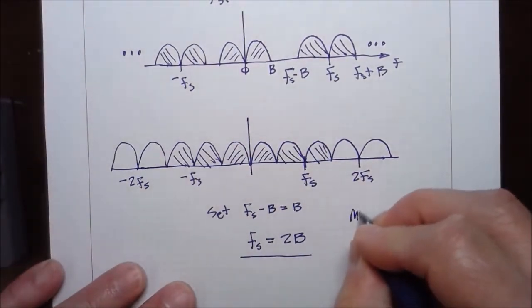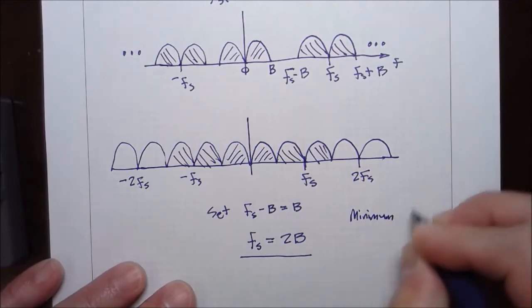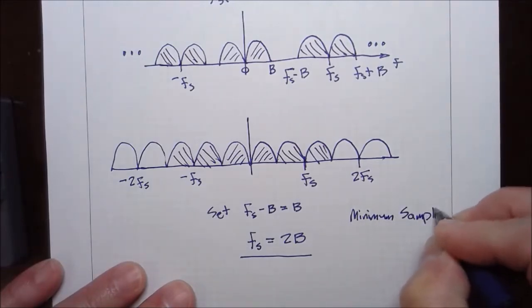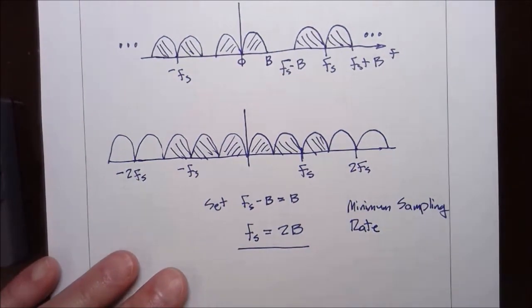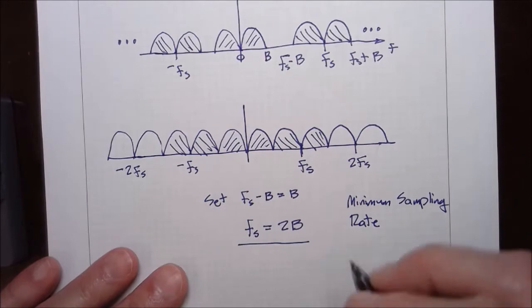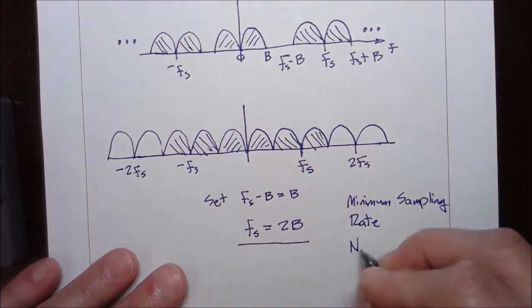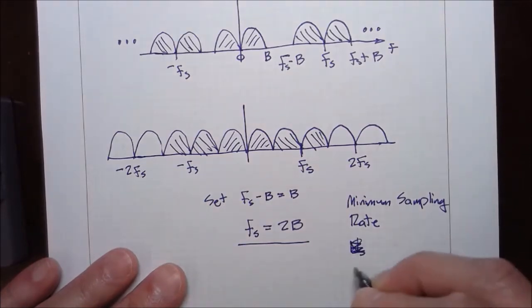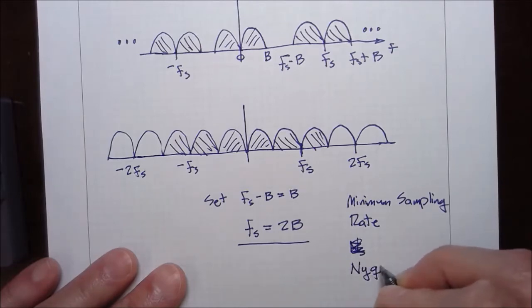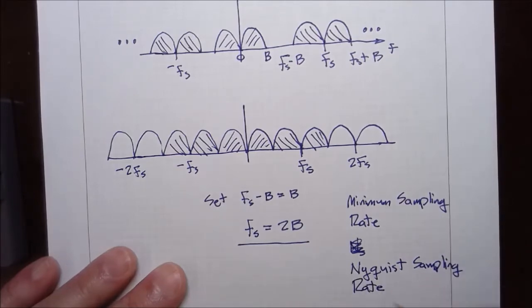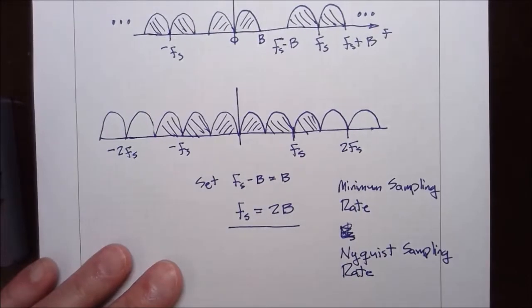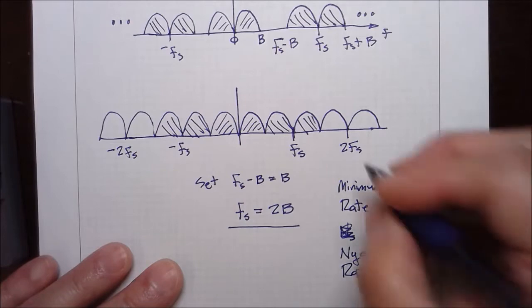This is the minimum sampling rate, or the minimum sampling frequency, and it is known as the Nyquist sampling rate, named for the person who first demonstrated this.